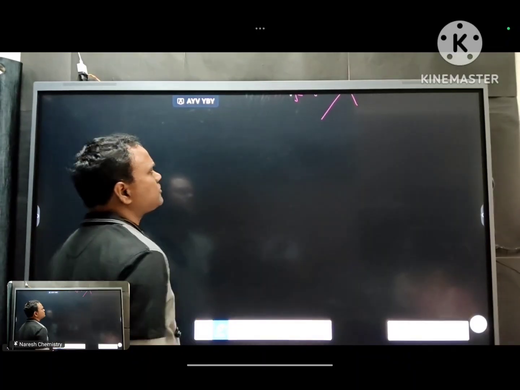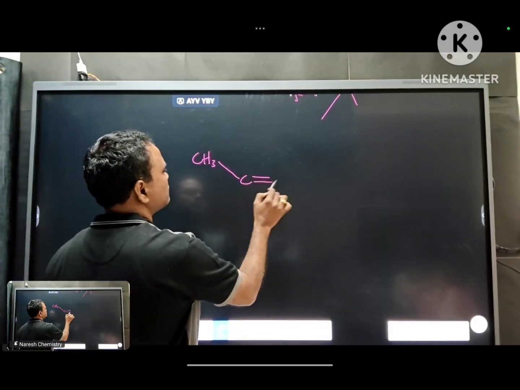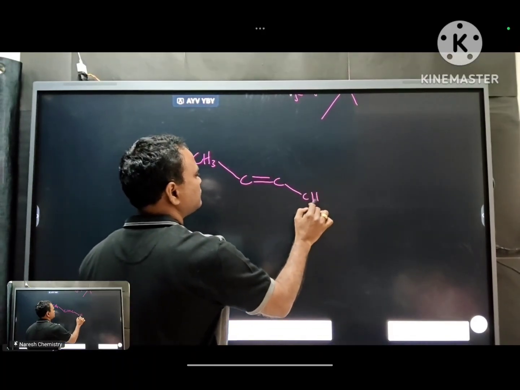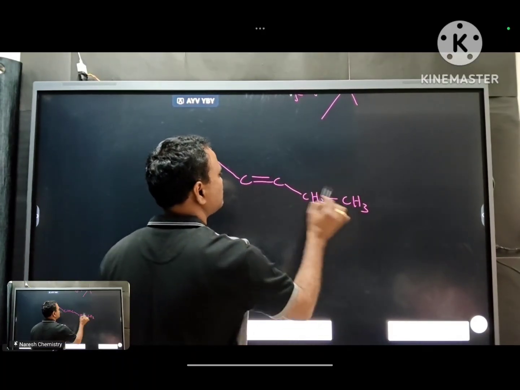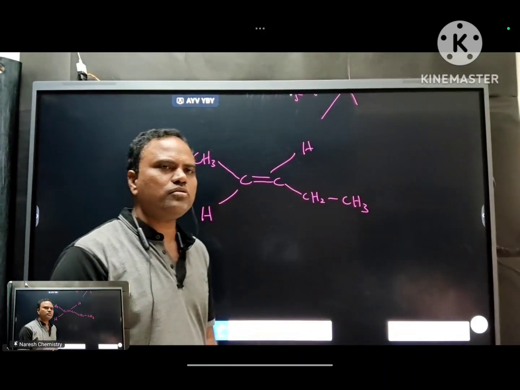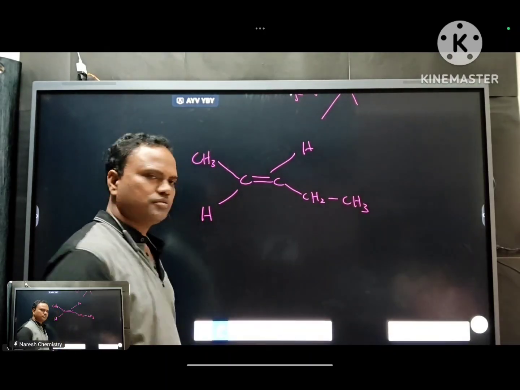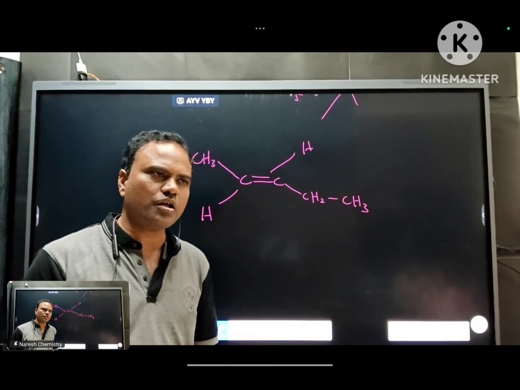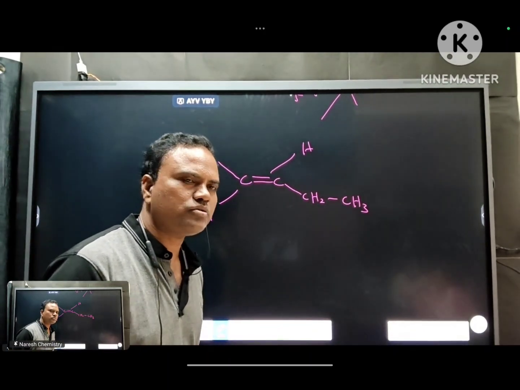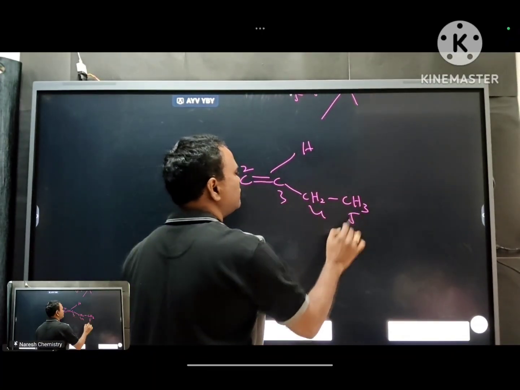Trans isomerism is not over, but let us try one example. With respect to hydrogens, we can say the compound is cis or trans. Are the two hydrogens on the same side or opposite sides? Opposite side, so trans. 1, 2, 3, 4, 5.